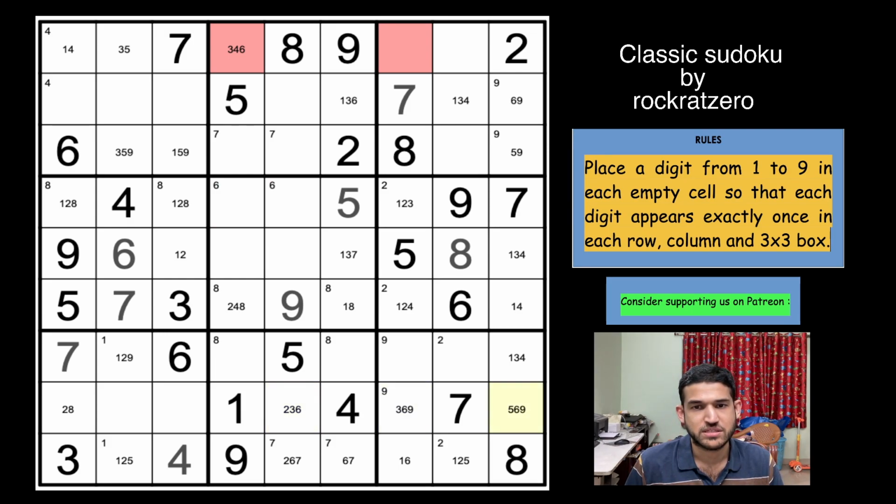Unfortunately, I don't see anything here. 6 here forces 6 here and a 6 here. I don't think there is anything particularly interesting. Okay, let me remove the colors. It did appear interesting at the start.